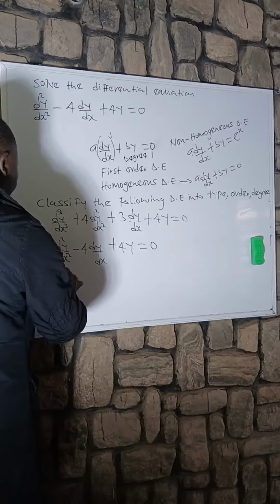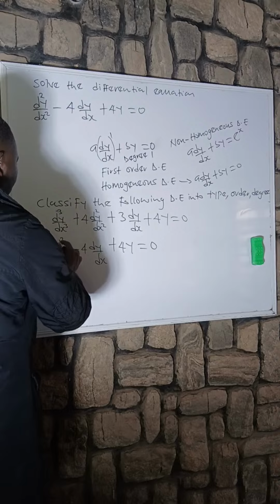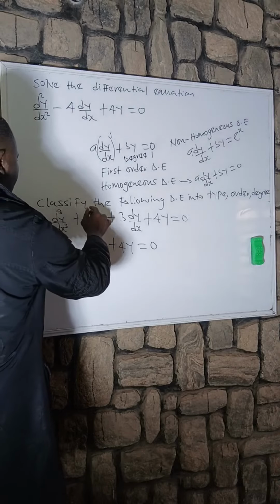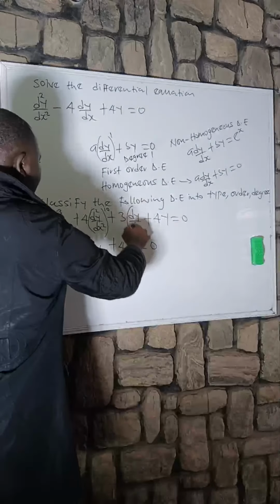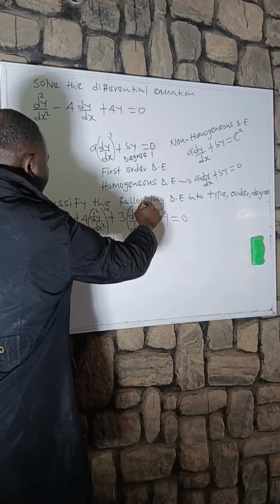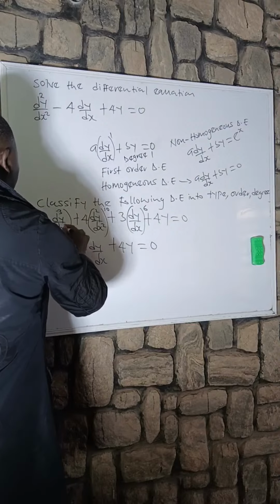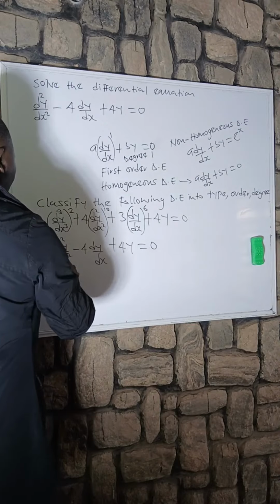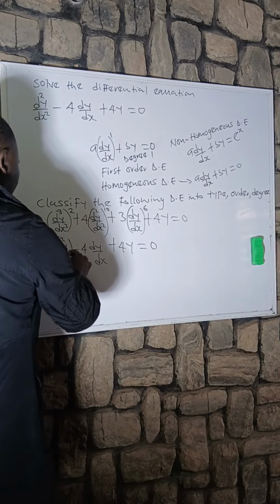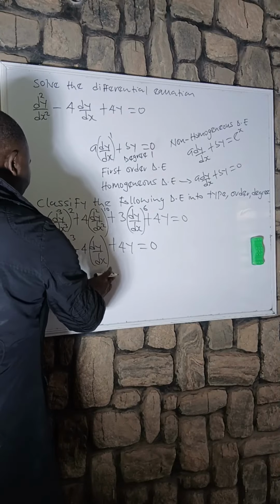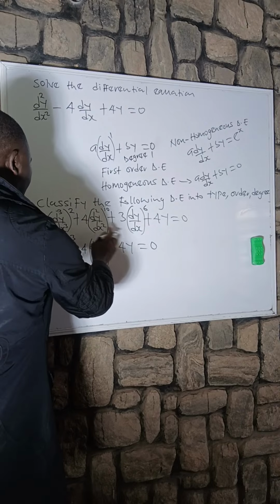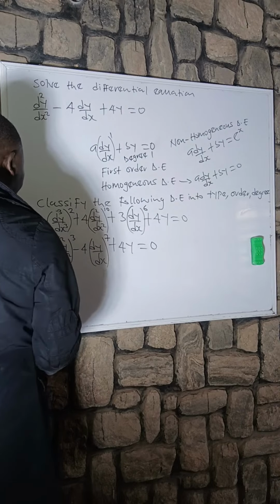Let's have, here, raised to power 10. Here is raised to power 6. Then here is raised to power 2. Here is raised to power 3. Here is raised to power 7.